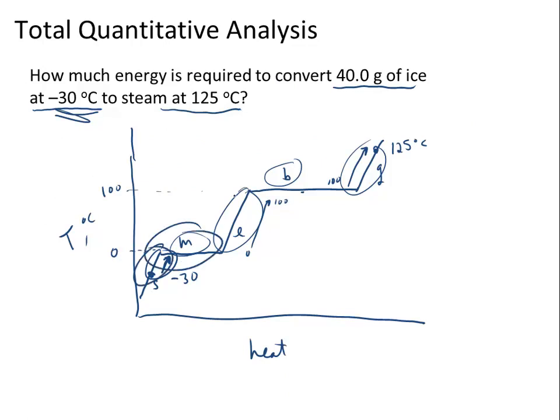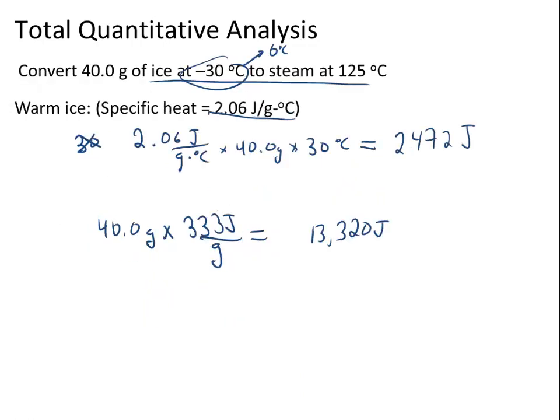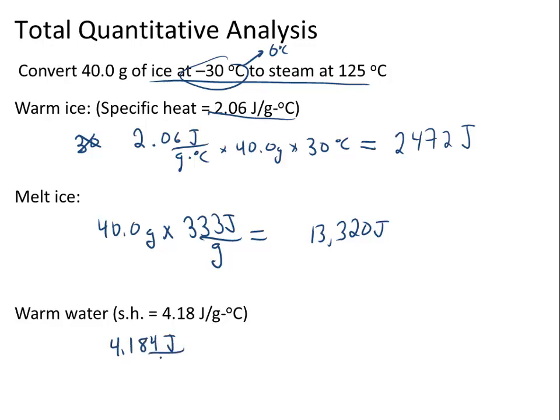Next we're going to heat up the liquid. We're going to use the specific heat for liquid water, 4.184 joules per gram degree Celsius, or 4.18 in our listing here, times 40.0 grams, times the temperature change. Notice we're going from 0 degrees up to 100 degrees.